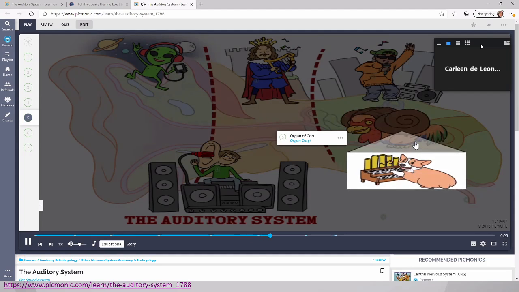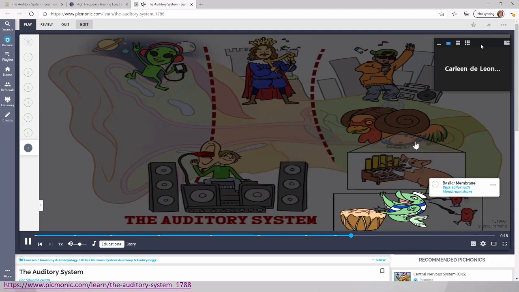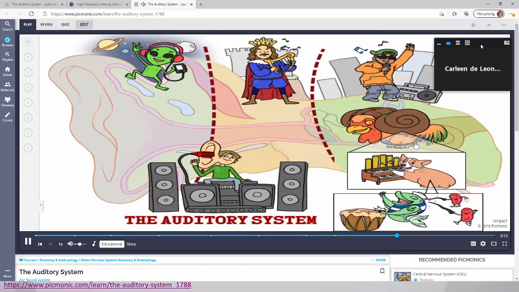Inside of her ear is the organ of Corti, shown as the organ corgi playing her favorite song. Inside the organ of Corti is the inner hair ears, which sit on top of the basilar membrane, illustrated as the hair cells tickling the basilar membrane drum. So in review, the auditory system is made up of the outer ear, the middle ear, and the inner ear. The cochlea sits inside the inner ear and consists of the organ of Corti, inner hair cells, and the basilar membrane. Sounds good.